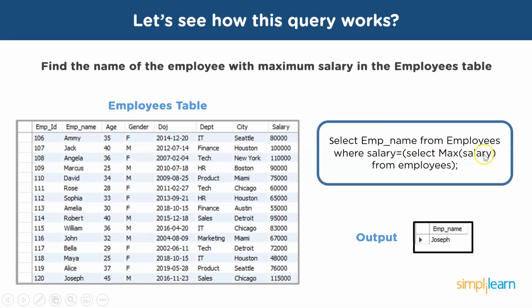First I'm selecting the maximum salary. This will return a particular value, that is the highest salary from the table. And if you see our table, the highest salary is $115,000. So our query becomes select employee name from employees where salary equal to $115,000. The employee name is Joseph here, and that's the output.